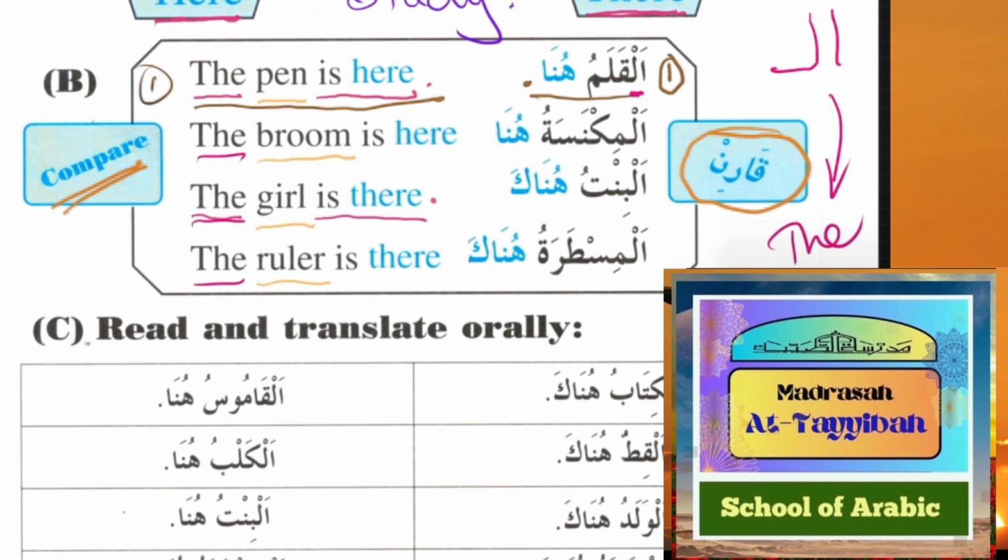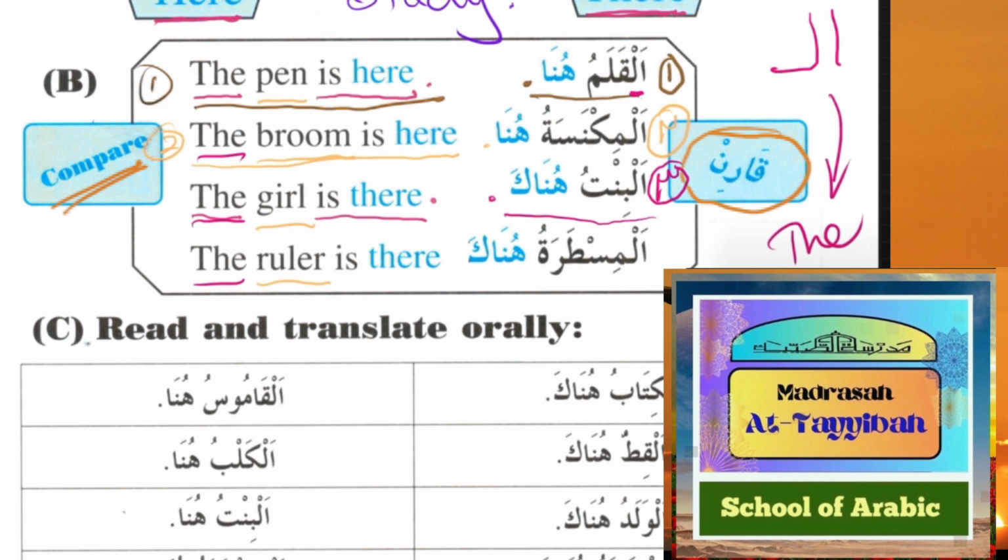Let's go to number 2, اثنان. المكنسة هنا, the broom is here. ثلاثة. Number 3. البنت هناك.